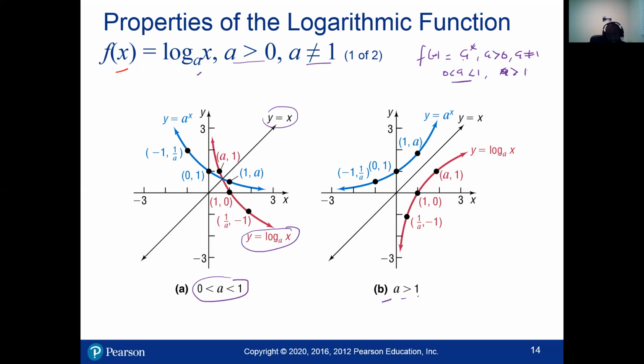Similarly, if you have a greater than 1, you have an increasing exponential function, and when you reflect it in the line y is equal to x, you have another one. This is increasing, this is increasing, this is decreasing, and that is also decreasing.